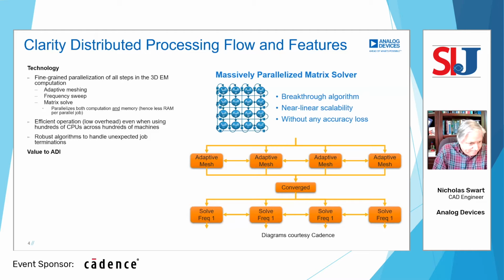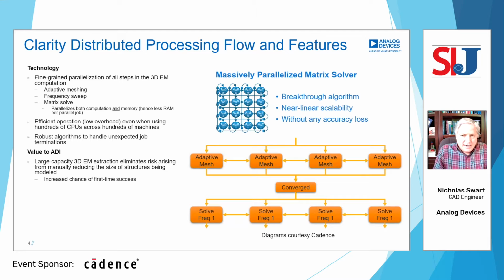Okay. So on the value to Analog Devices that we see in this solution from Cadence: a lot of our products in ADI now are system level products, multi-die, for example, on a laminate, large SoCs on laminates.